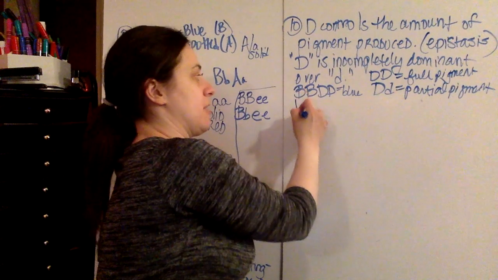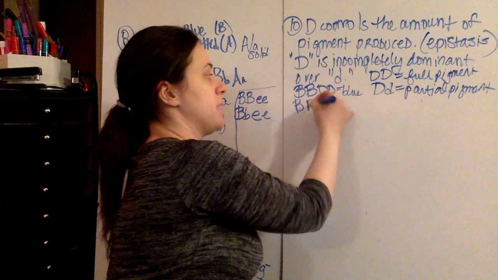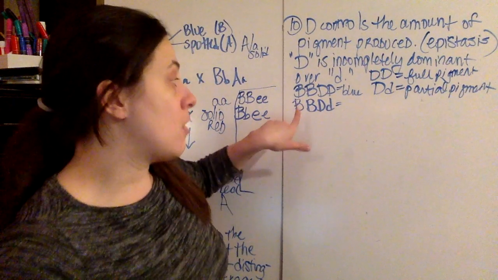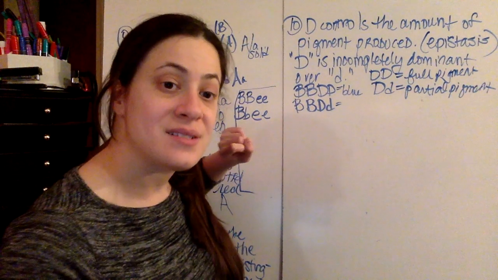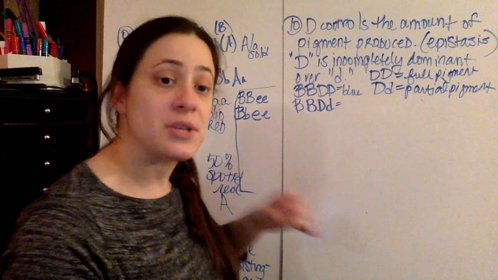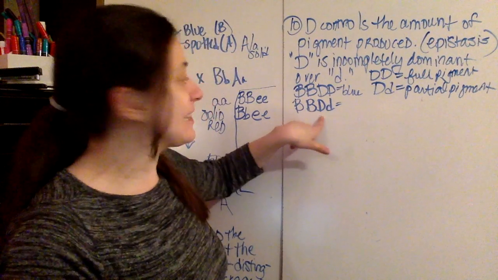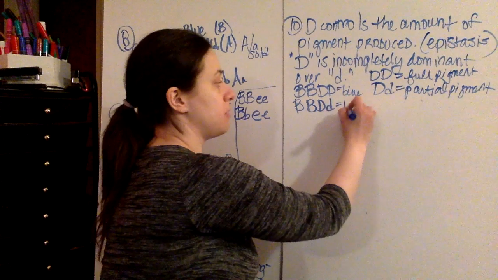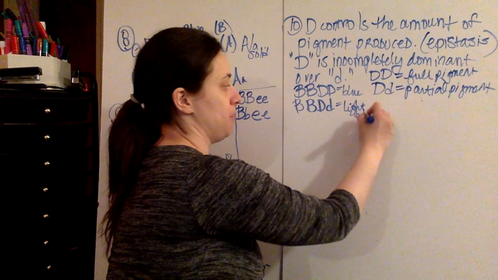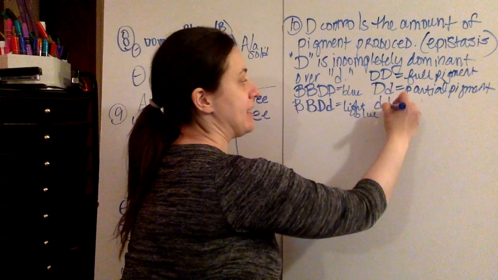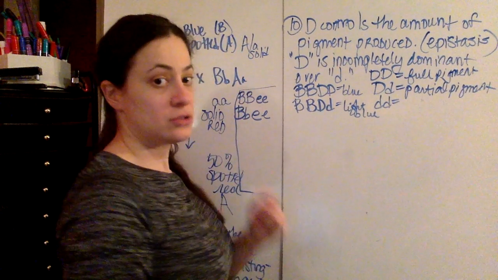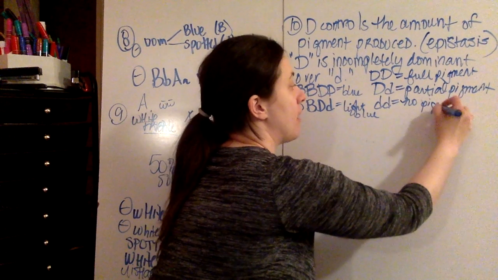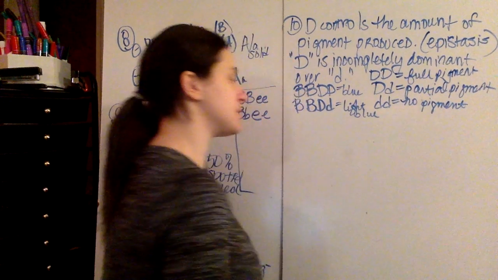And if we put big B, big D, little d, so the tribble has the genotype big B, so it should be blue, but there's not as much pigment produced, so it would be a lighter shade of blue. And if it's two lowercase d's, no pigment whatsoever is produced.